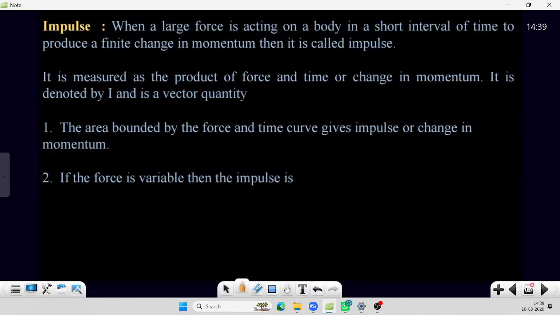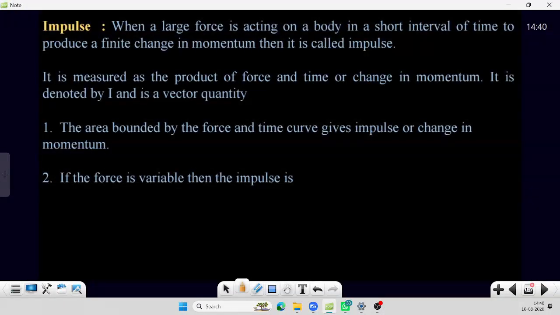For example, suddenly an accident will happen. Or you are simply working, and suddenly your friend comes and taps on your shoulder. Then you will feel a lot of pain. So here a certain force applies for a very small interval of time. That is called an impulse.